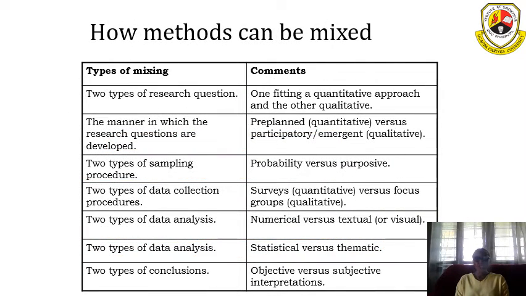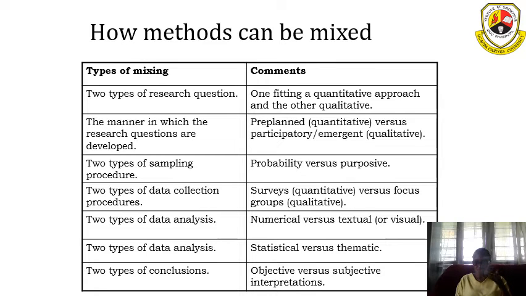So when exactly would we use mixed methods? This slide gives us several scenarios when a researcher may use mixed methods. The first one is the type of research questions that the researcher has. Normally, for most of you, you'll have one research question, which is then subdivided into sub-questions. Normally, someone has a research question which is then turned into an objective, and that objective has several specific research objectives.